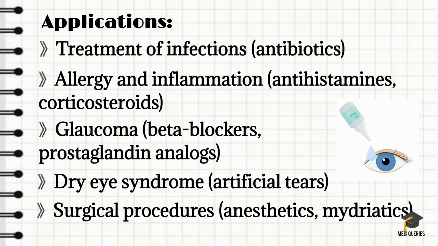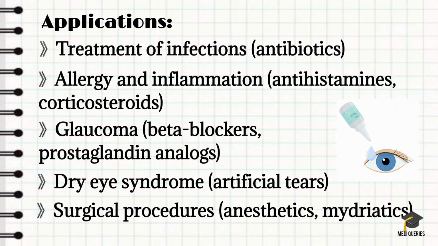And next one is the anesthesia. So this is mainly used during the surgeries, especially numbness. This anesthesia is mainly used to create the numbness in the eye before surgery or diagnostic procedures.